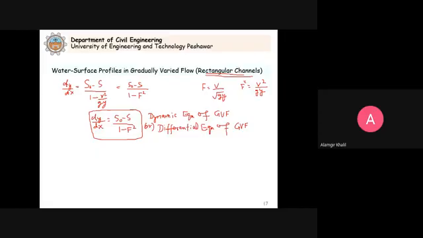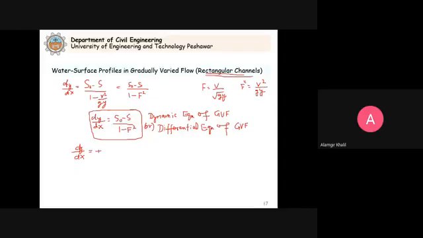This dy by dx is the rate of change of depth. So this equation actually tells us that the depth is increasing or decreasing in the direction of flow. This is very important, because if you get the value of dy by dx, whatever value, now we are not interested in the value. If you calculate the numerator, you calculate the denominator, and you calculate the overall sign.